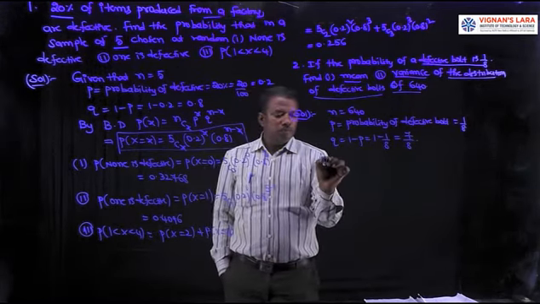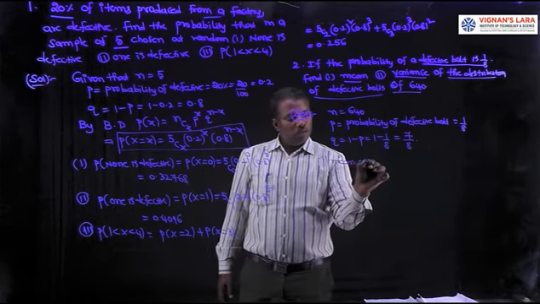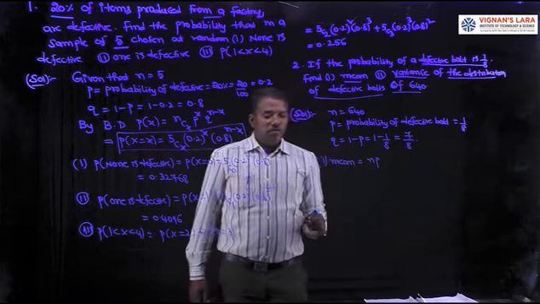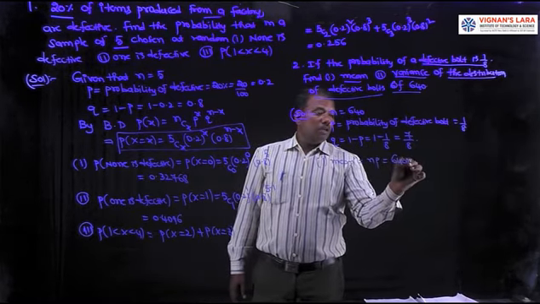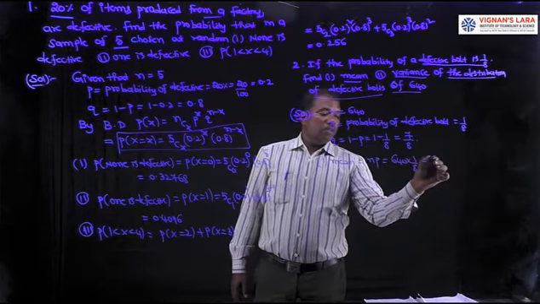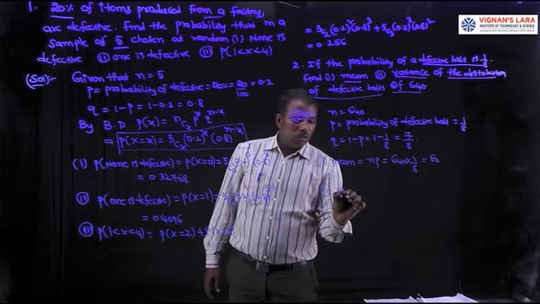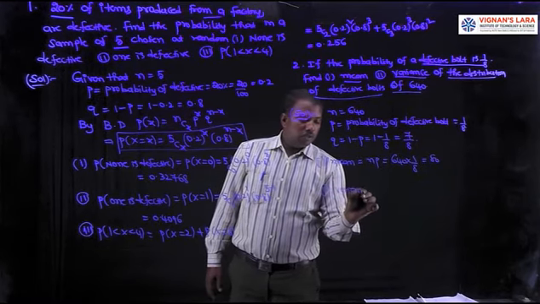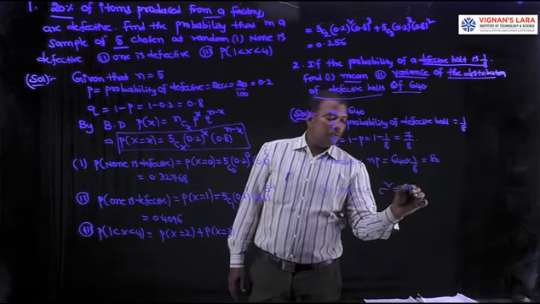Then calculate the mean. What is the formula for mean? Mean is NP, a direct formula. N is 640 and P is 1 by 8, so its value is 80. Second one, the variance of the distribution, denoted by sigma square, is equal to NPQ.